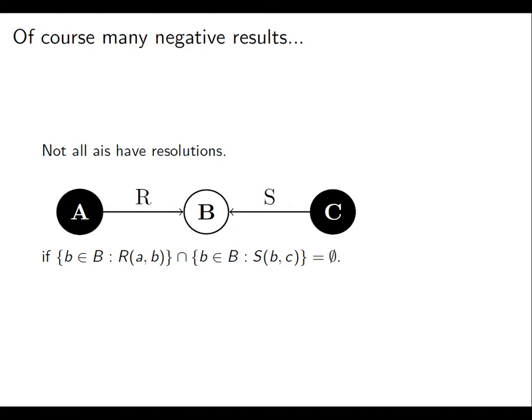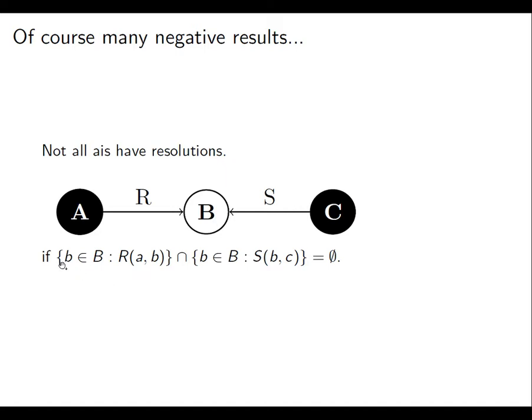So here's the most obvious possible example. If we have a model little a from model set big A, which we're not allowed to change, and we have a model little c from model set C, which we're not allowed to change, and we are asked to find a little b from model set B such that that little b will be consistent both with A according to binary relation R and with C according to binary relation S, then we won't be able to do so if there isn't one.